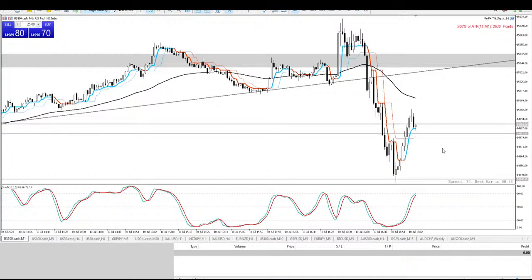Last week was kind of a losing streak for a couple of days, so it'd be good to get back in the winning momentum.